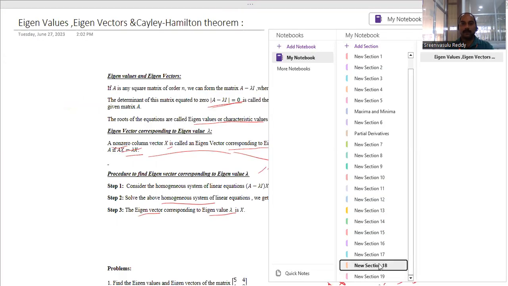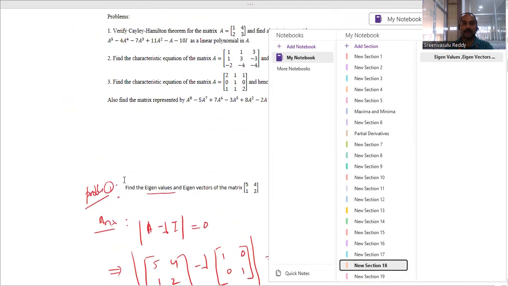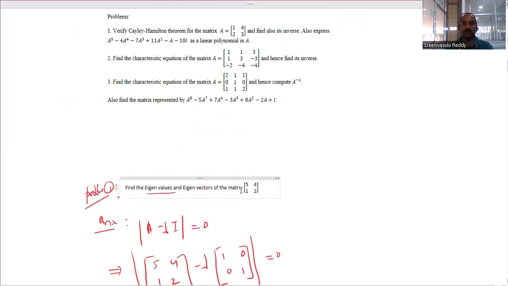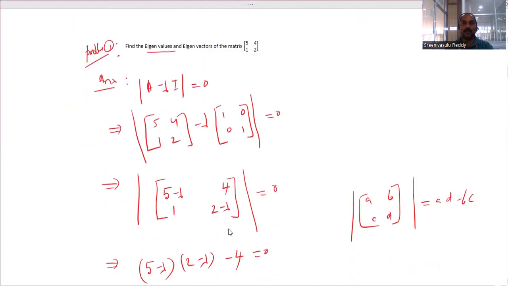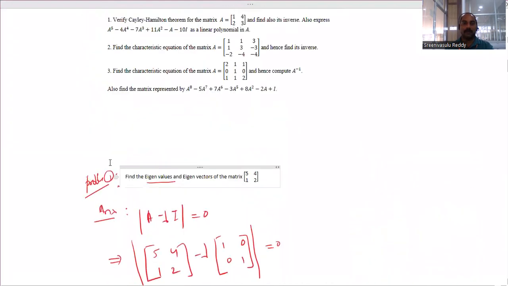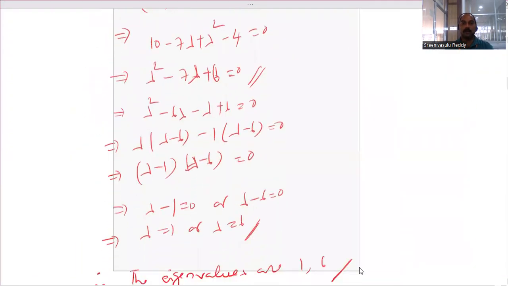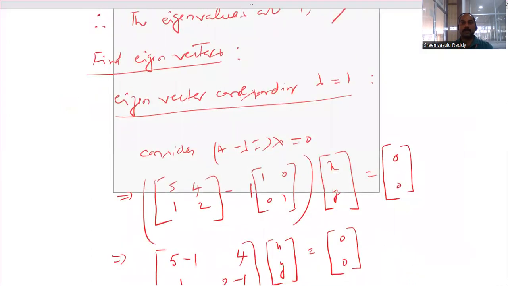Already, in the previous process, we found the eigenvalues and eigenvectors of the 2 by 2 matrix. Now here I am going to take this part, including eigenvalues and eigenvectors.